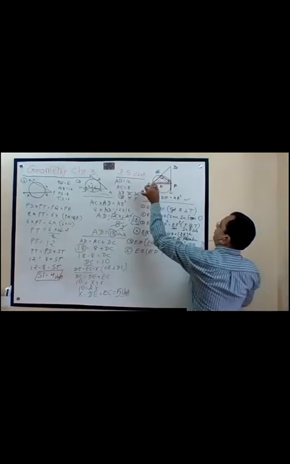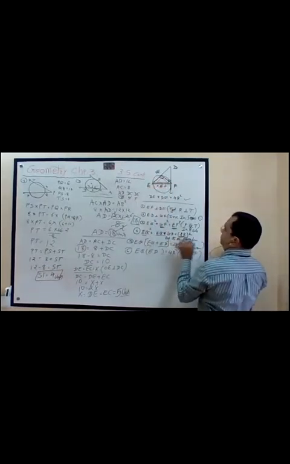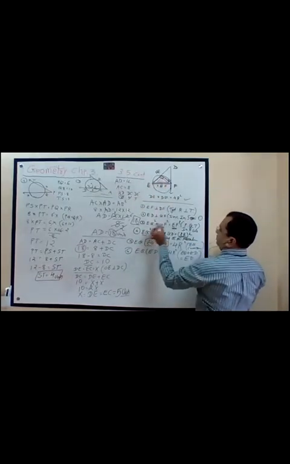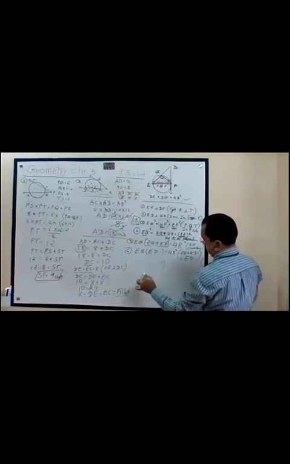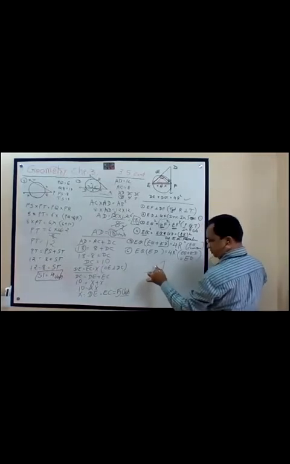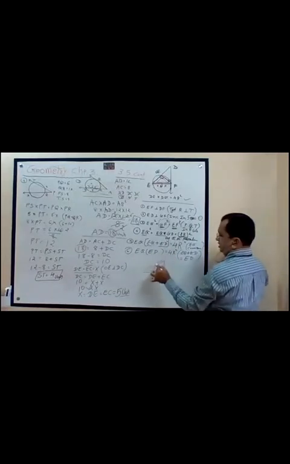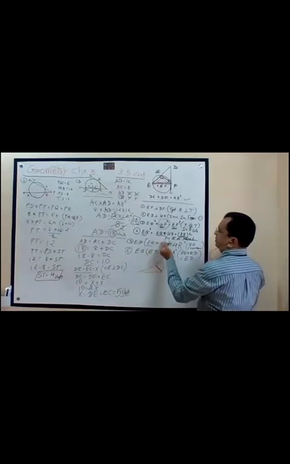Then for this I have written radii, two radii. Then EG square, GF square. Now GF square is equal to GE into GD. That is the geometric mean formula that I have substituted here.